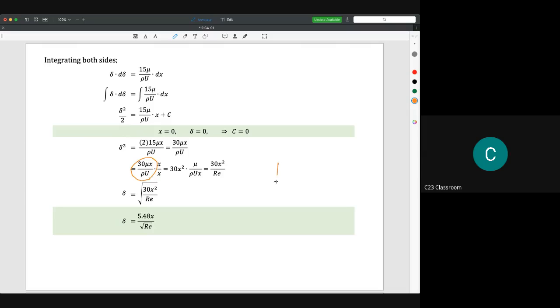The Reynolds number is rho u x over mu. If you want to have an x at the bottom, you multiply with x over x, so you get 30 x square mu over rho u x. Then you have the Reynolds number in the term, and when you square root this one, you get delta is equal to 5.48x over square root Reynolds number.